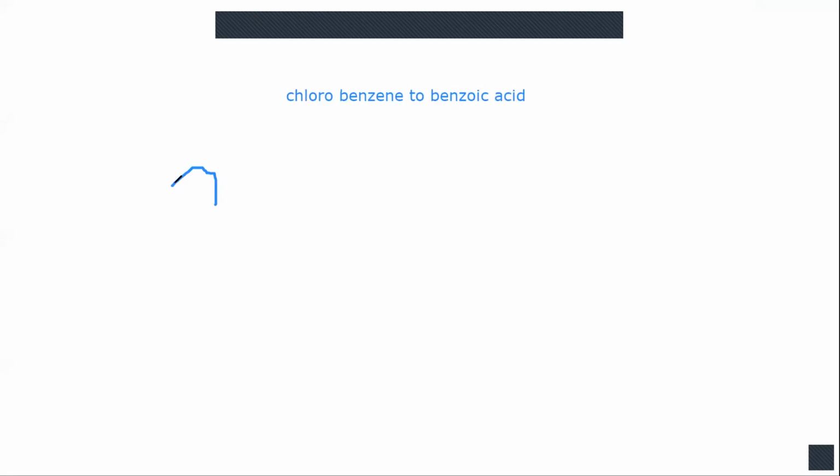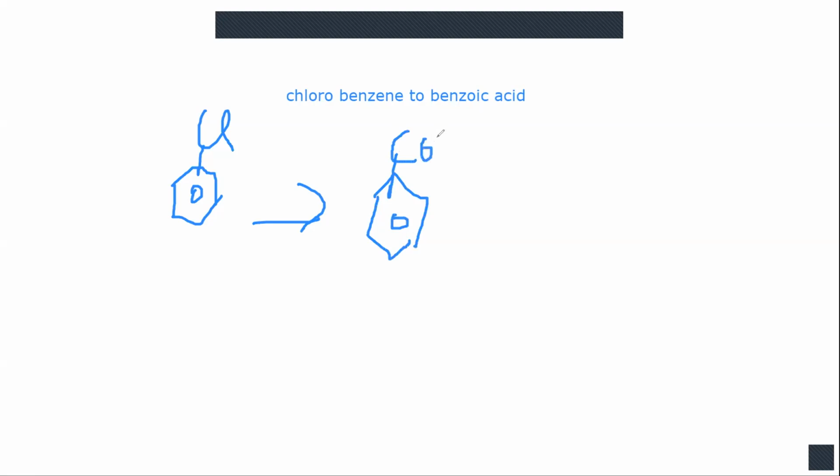Chlorobenzene, benzene connected to Cl, and then benzoic acid, benzene connected to COOH.